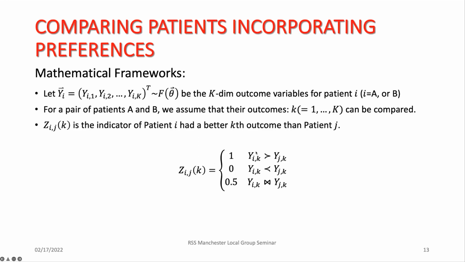If patient I is better than patient J in that outcome, we put ZIJ as 1 for the k-th dimensional outcome. Otherwise, it's 0. There are cases where you cannot compare them, so they are tied and get 0.5 in that case.